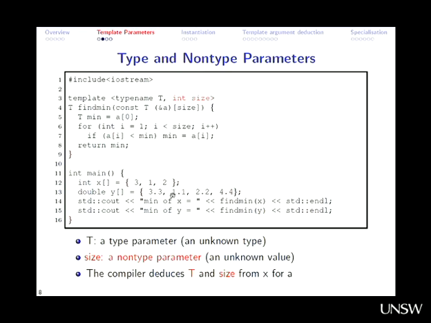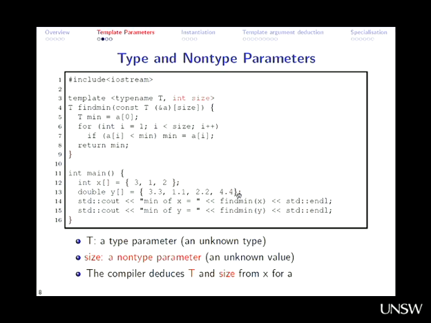What happens here is when we call findMin of x like that on line 14, the compiler goes and creates us a version of findMin that takes in an int array with the size 3. One function at this point. It takes in an int array of size 3. The next line, findMin. Remember, this is an array of doubles, so at this point size 4.